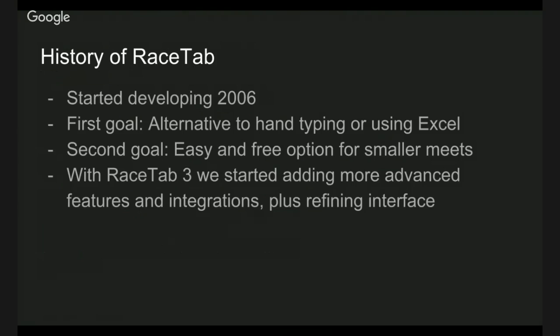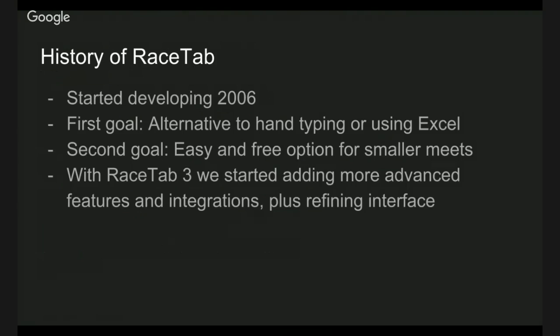The history of RaceTab: I started developing RaceTab in 2006, and it was mainly in response to running MileSplit and people sending us results. Believe it or not, during that time period, we occasionally got mailed results. We got fax results, and I actually got some standard-mail paper results. It was like, guys, we can't digitize this.